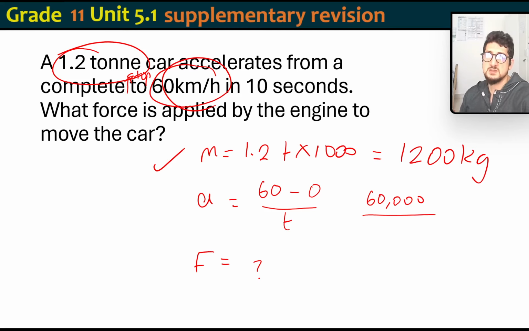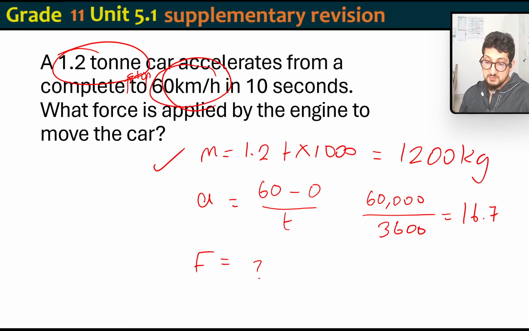We have 60 minutes, and each minute has 60 seconds, so it's 60 times 60, which is 3,600. So it's 60,000 divided by 3,600, which equals 16.7 meters per second.